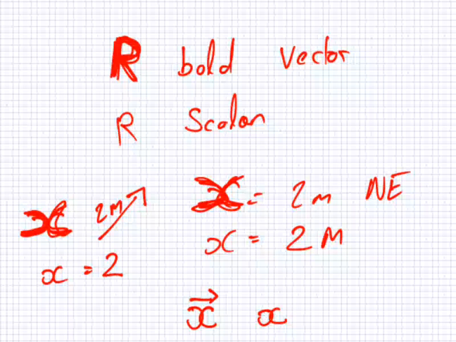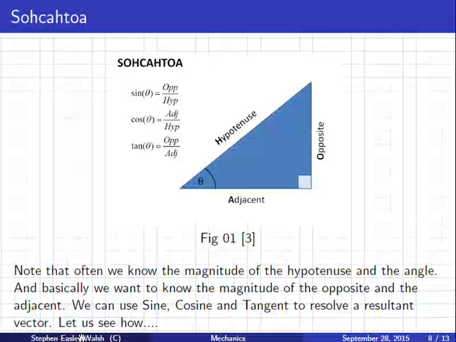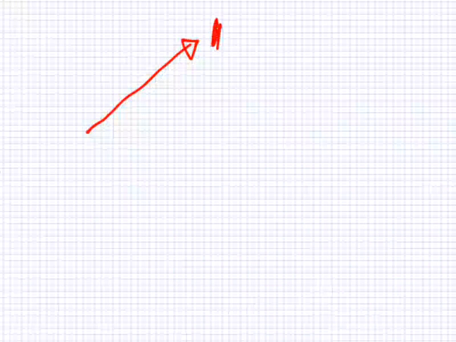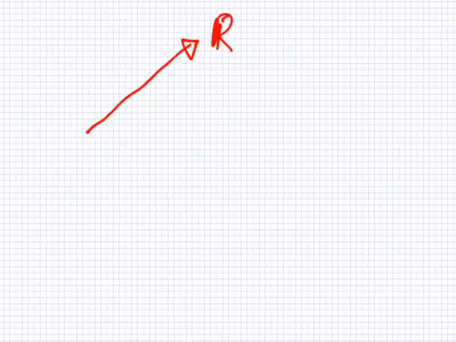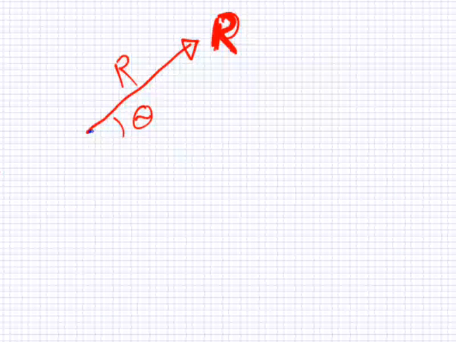Okay, so we have our vector and we only know 2 things about the vector. We know its magnitude, which I'll call OR. Now, it's kind of hard for me to draw this, but I should have made this clearer last time. If I write OR in bold, that's a vector.